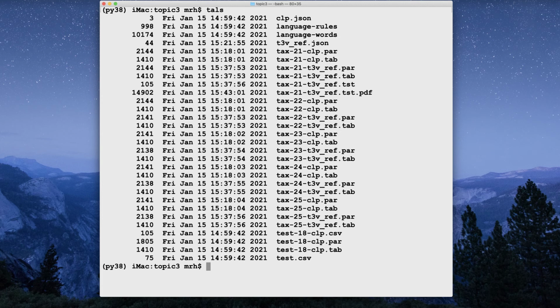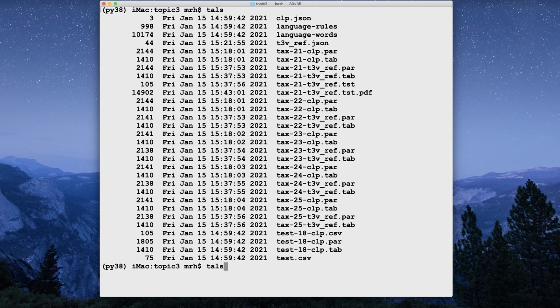And if they're all jumbled together in a single directory, it's going to be hopeless to figure out which files go with which tax analysis project. So it's just much better to have a different directory for each one of your projects. And we're adapting that style here in the training videos by creating a different working directory for each of our topics.